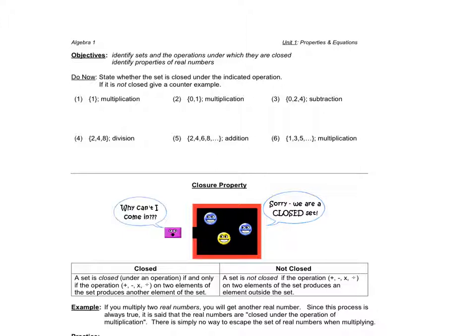All right, so you read through closure. Hopefully the little cartoon helped. Basically, it's like you have a party, you have an invitation list, a guest list. It's a closed list. It's telling you that if you're not on the guest list, you're not allowed in. If it's a store, the closed sign is up.